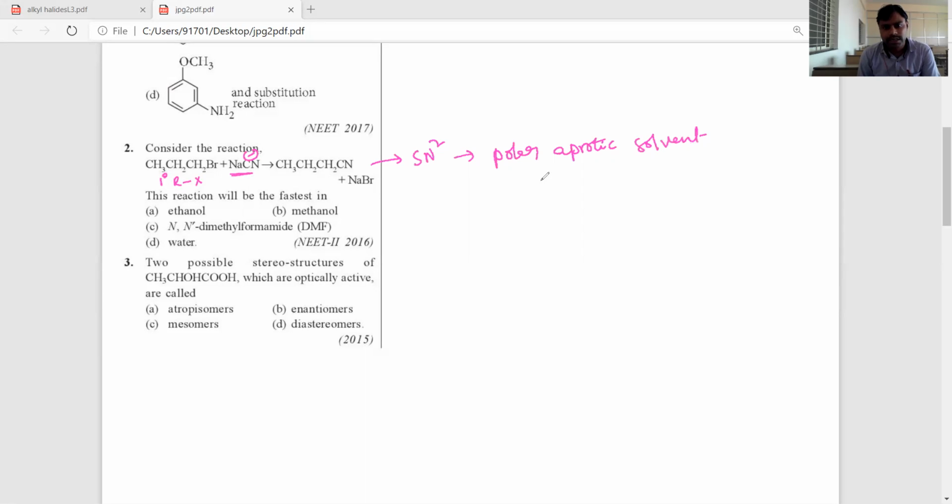Polar aprotic solvent, that is DMF, dimethyl formamide, HC double bond O, bond N, bond CH3, bond CH3. N,N-dimethyl formamide is known as DMF. Okay, so DMF is a polar aprotic solvent, favorable for SN2 mechanism.